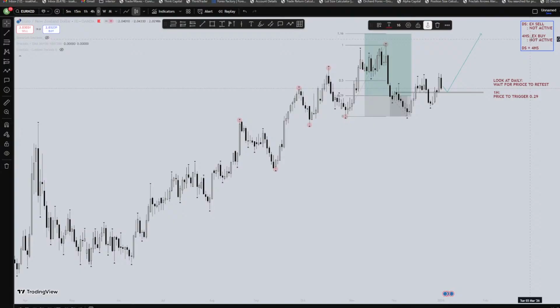Not changed. This and this and this and this is an internal buy. So not active.